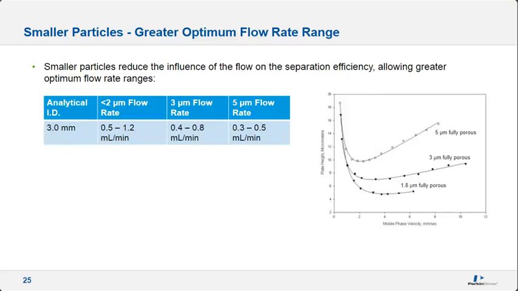However, if we increase the particle size to 3 micron, we narrow the flow rate range to 0.4 to 0.8 mL per minute. And if we raise the particle size to 5 micron, we further reduce the optimal flow rate range to 0.3 to 0.5 mL per minute.